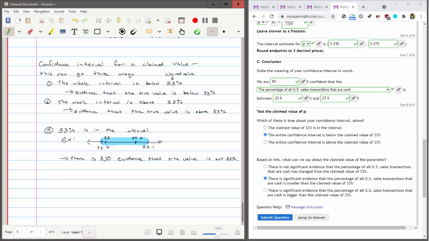We say that there's no evidence that the claim is wrong. And then typically that means we continue believing the claim because we thought the claim was true for some reason before. But it's very important to be careful with that when you're looking at statistical data, right? If you find that the claimed value is in the interval, that doesn't really tell you anything that you didn't know before.